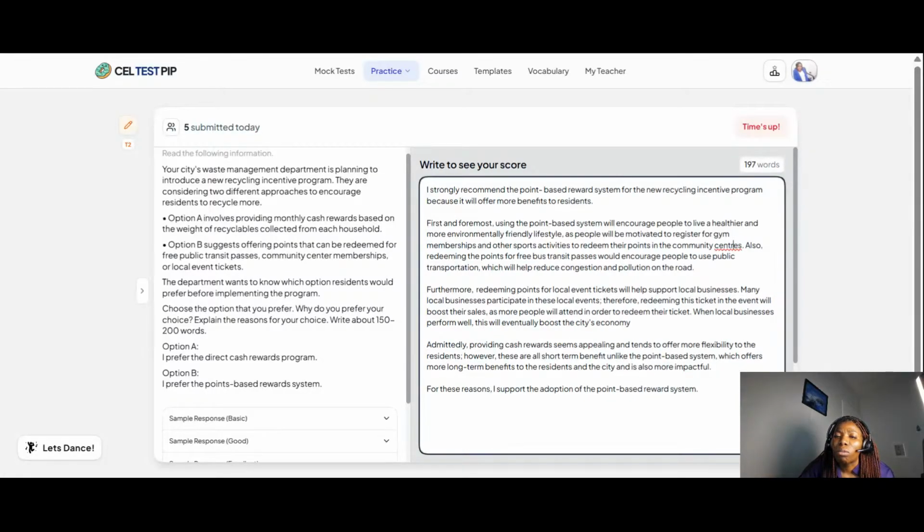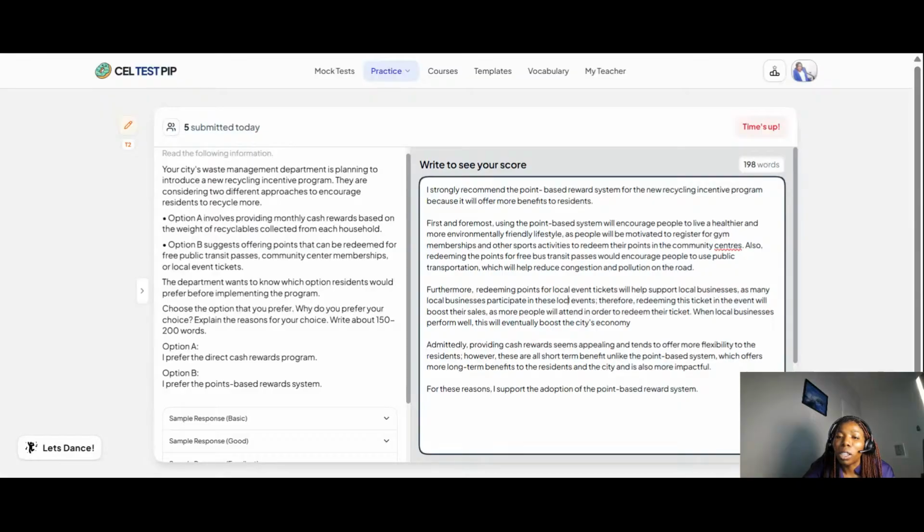Furthermore, redeeming points for local event tickets would help support local businesses, as many local businesses participate in this event.